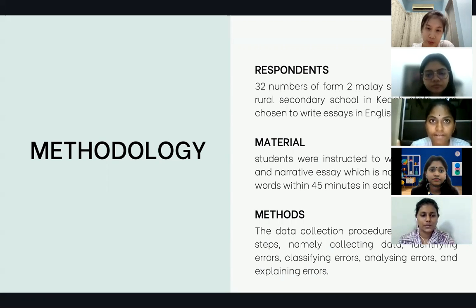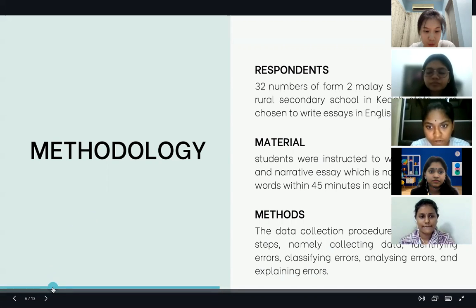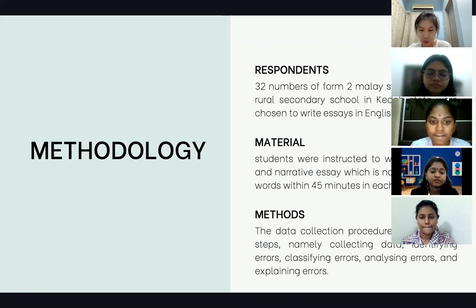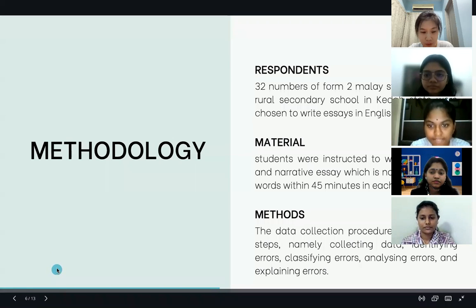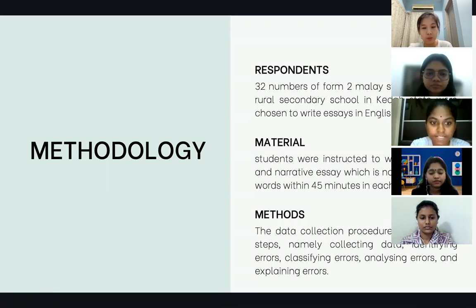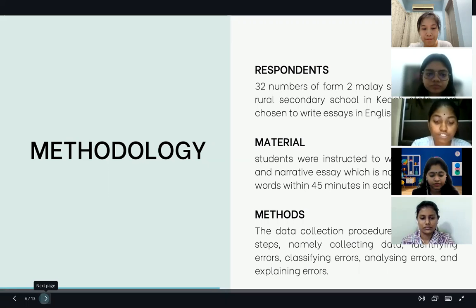A total of 128 essays were collected and annotated to show the part of speech of each word. The data collection procedure was collecting data, identifying errors, classifying errors, analyzing errors, and explaining errors. These errors were categorized into 4 types, which are misselection, omission, blends, and over-inclusion errors. They classified the errors in the students' essays using these 4 different categories.